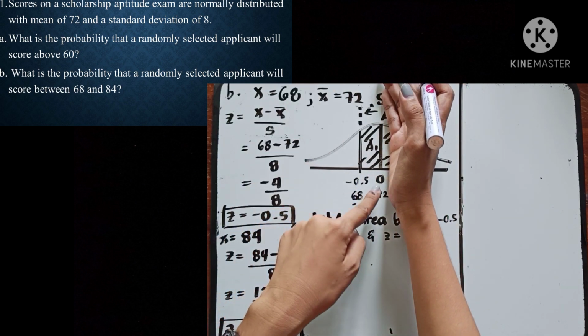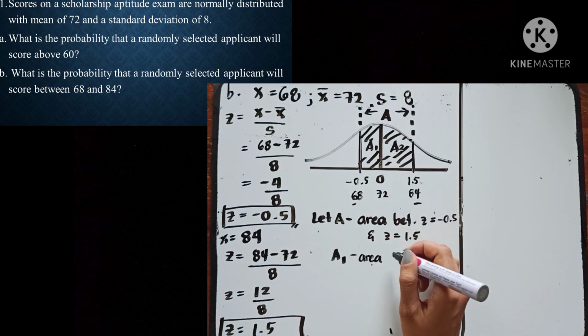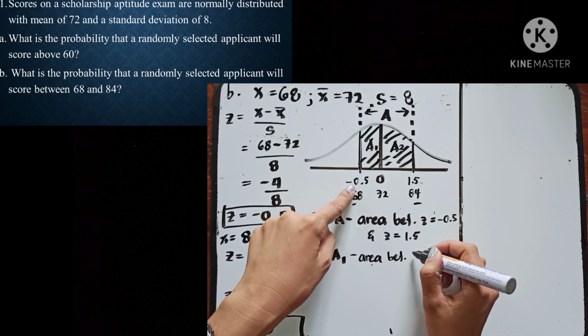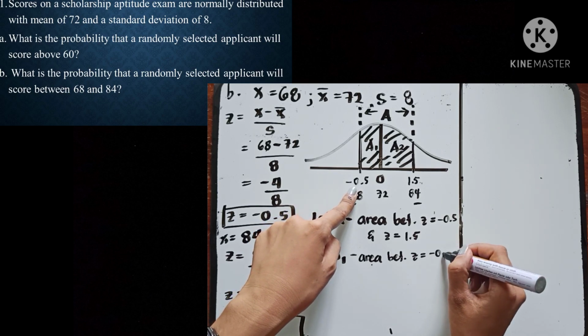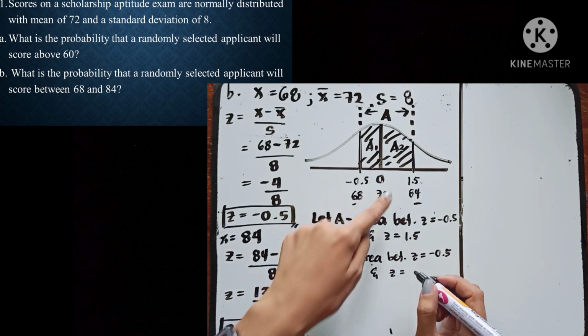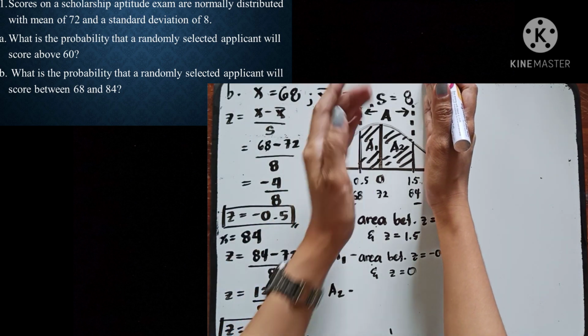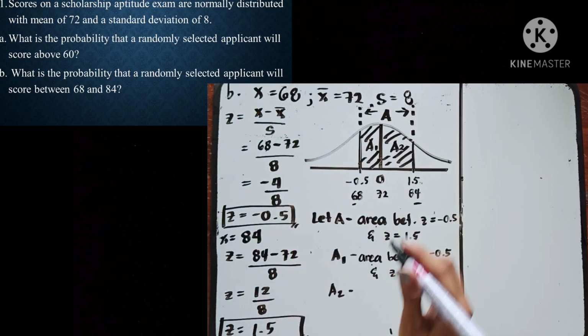Okay? And our A sub 1 natin is ito. From negative 0.5 hanggang 0. So, that is the area between z is equal to negative 0.5 and z is equal to 0. And our A sub 2 natin is ito. From 0 hanggang 1.5.